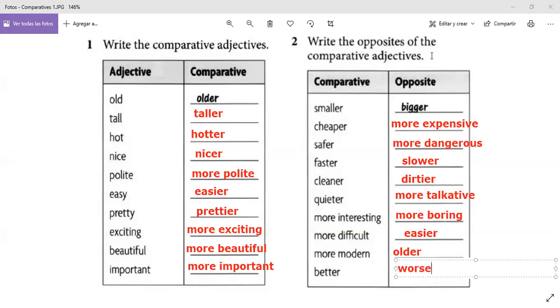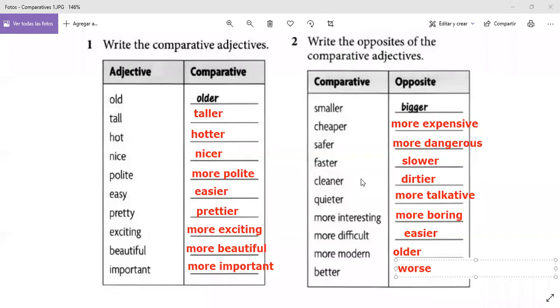So guys, this material is going to be uploaded in the classroom for you to have it and complete it. Now, guys, I need you to tell me 2 examples of comparative adjectives.